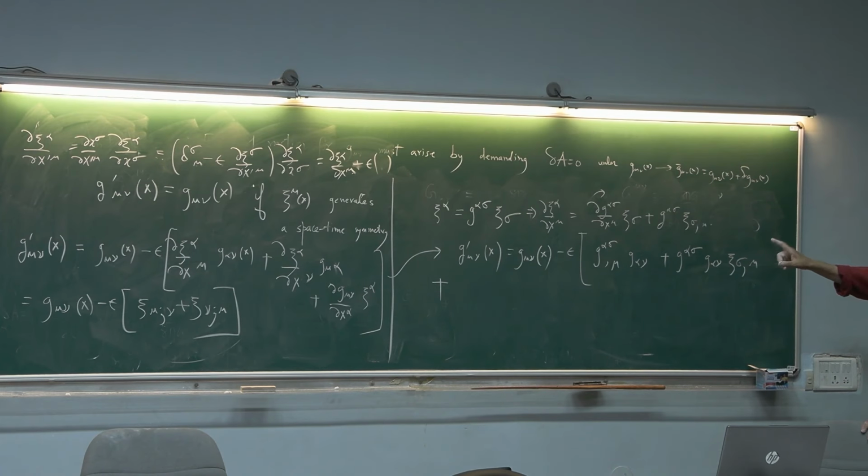So let's see. Del xi alpha by del x mu. Xi alpha is g alpha sigma xi sigma. Sigma is being raised. So therefore, del xi alpha by del x mu is del g alpha sigma with respect to x mu xi sigma, then g alpha sigma xi sigma comma mu, which is the same as g alpha sigma comma mu into g alpha nu plus g alpha sigma xi sigma comma mu into g alpha nu.